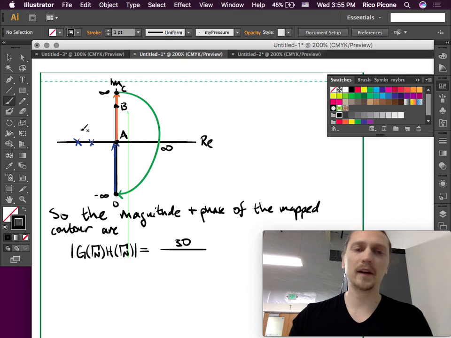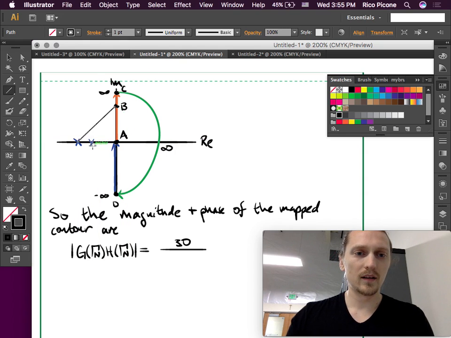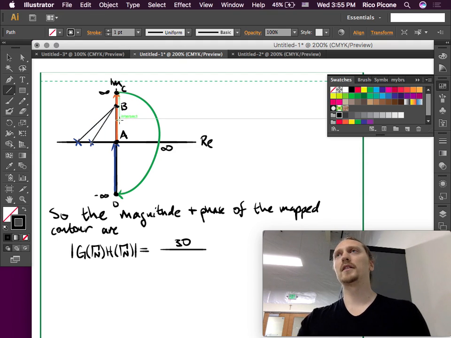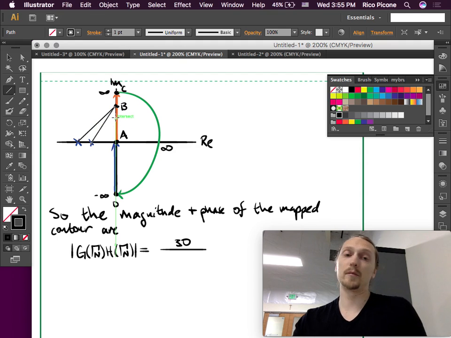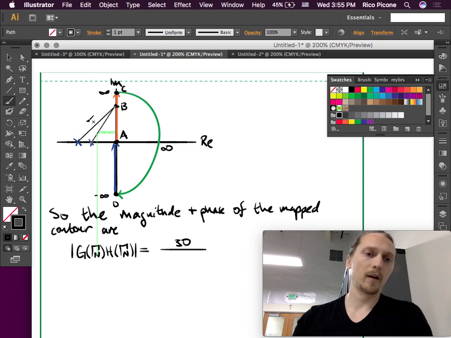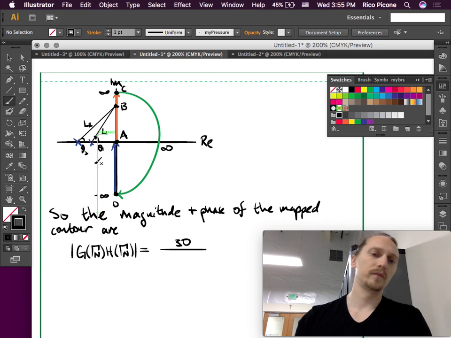So if we're to look at just some point B along this axis, we could draw those vectors from our poles and our zeros. We only have poles in this case. And we could say this is L1, this is theta 1, this is L2, and this is theta 2.